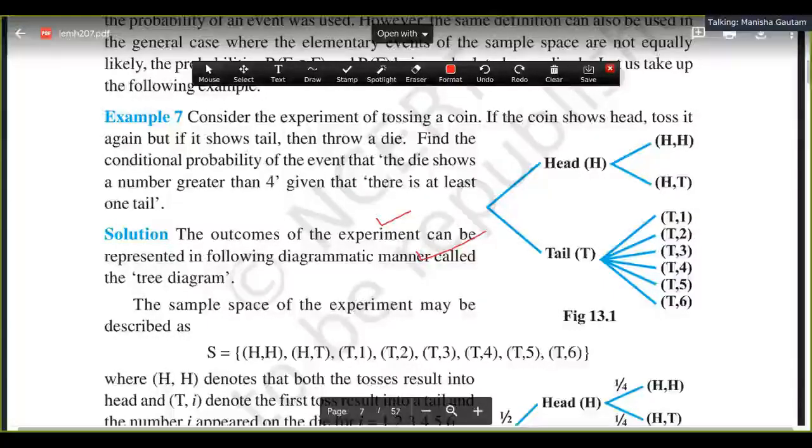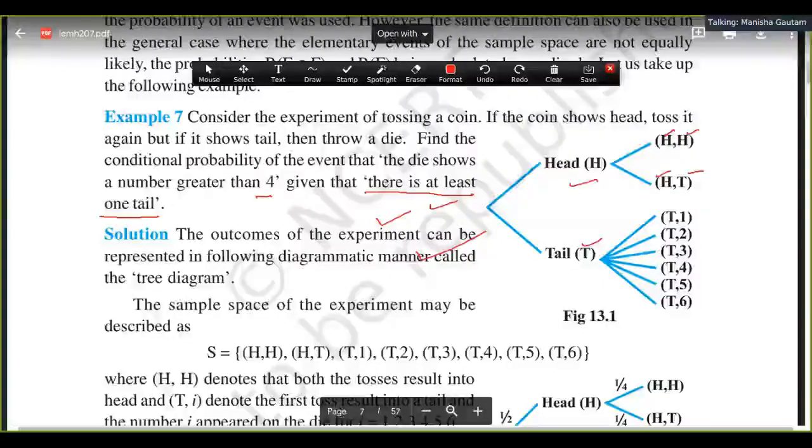Now find the conditional probability of the event that the die shows a number greater than 4, given there is at least one tail. The given part is at least one tail. Now head, then you have to toss the coin. Head with head, head and tail. If you are getting tail, you are throwing a die.